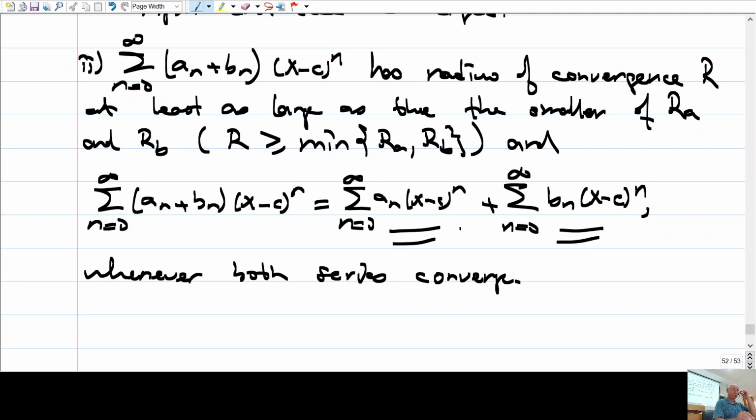If both series are convergent, then this is convergent and we have this equality. If you add the coefficients of two power series, then the power series you obtain is nothing but the sum of the power series.